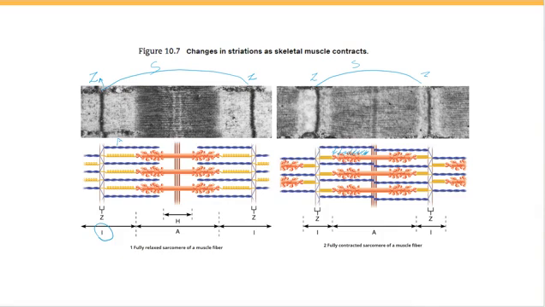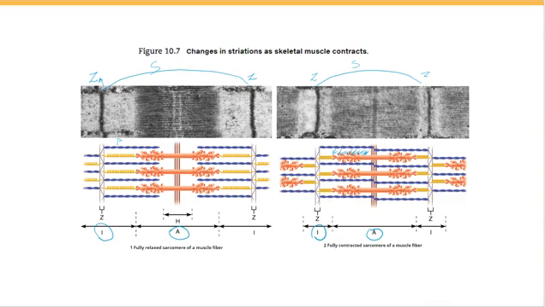So it means that our I band shortens because of the sliding of the thin filament over the thick filament, but because the length of our myosin filament is not changing, the A band would be fixed. So there is no change of our A band. And then the H zone would disappear, because we define the H zone as the area where we only have myosin filament.